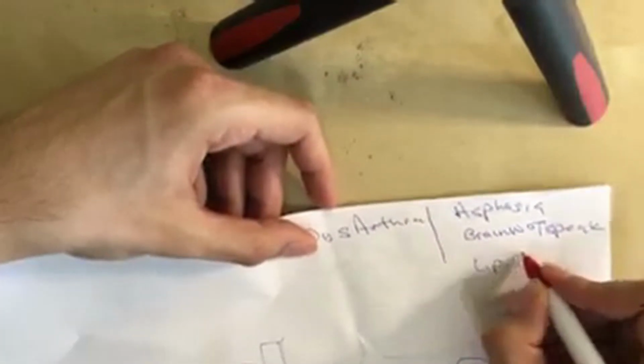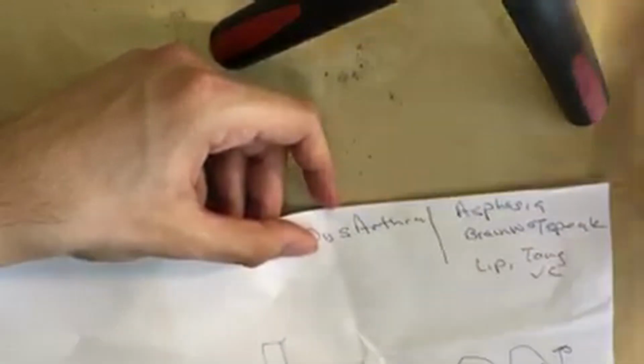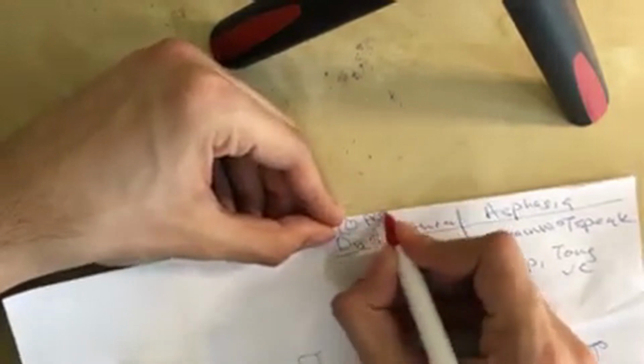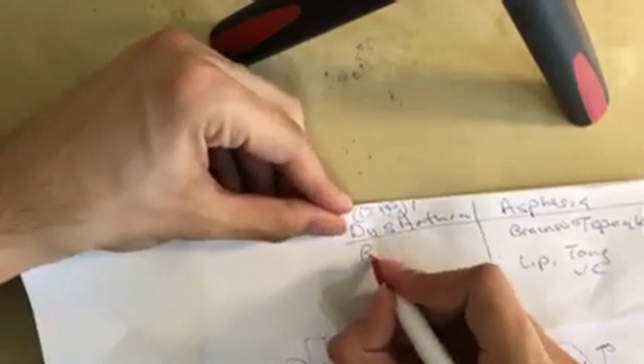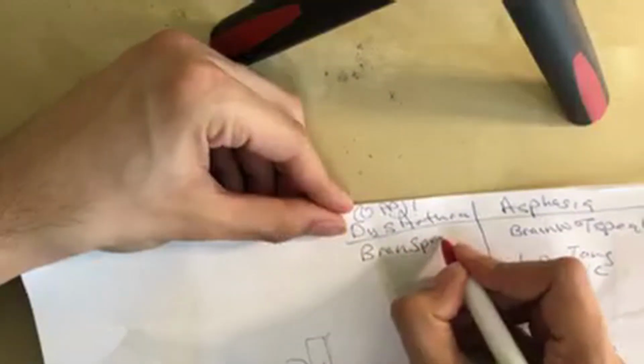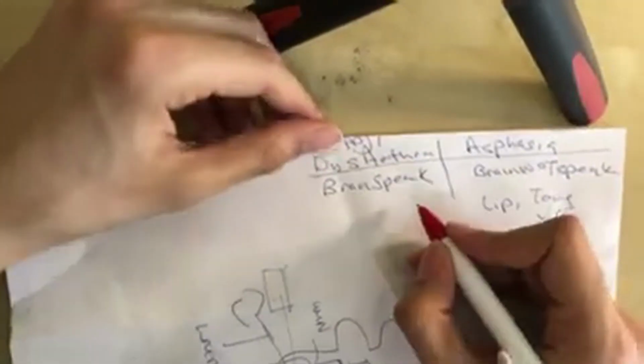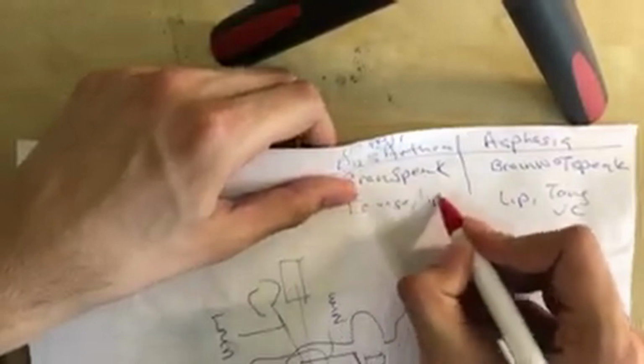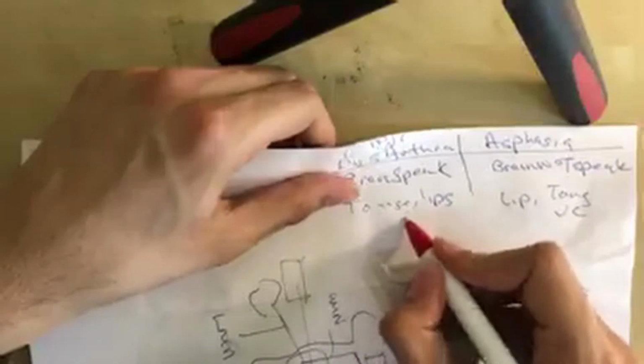Your lips, your tongue, your vocal cords are completely fine. Dysarthria is the complete opposite, so I'll write opposite over here in caps, because it's very important. The brain speaks, like inside, the person knows what to say, but the muscles and nerves innervating your tongue, your lips, and your vocal cords are not functioning.